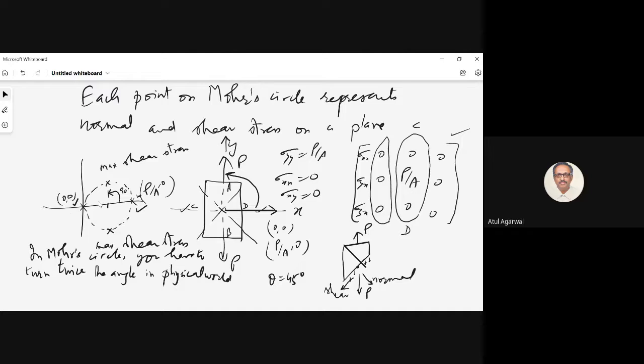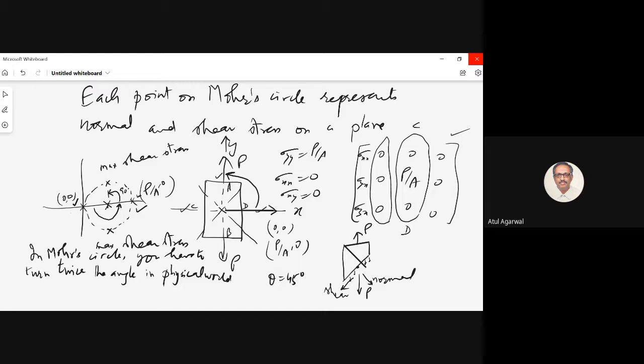Now here we have to turn twice the angle. So with this as the center, you rotate your ray twice, 180 degrees, and you reach this point. So this point goes to this point. Can you see this? We went counterclockwise 90 degrees here, so here we also went counterclockwise 180 degrees.